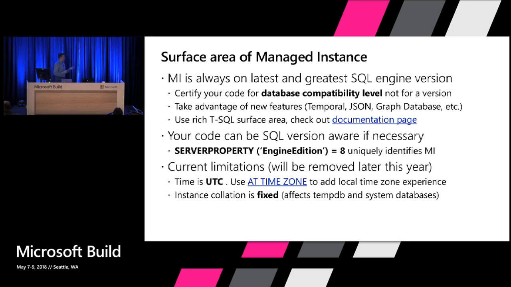And the key catch here is that when you run your application, you should stick not to the SQL engine version, but rather to the database compatibility level. Database compatibility level defines how the engine will work and how it will interpret a feature that was introduced in SQL, right? And then it also affects the execution plans and other things.